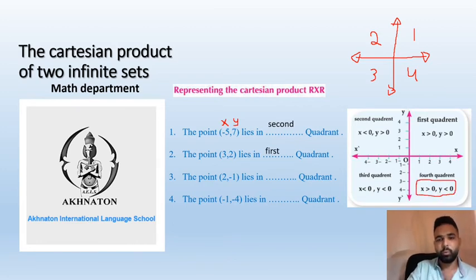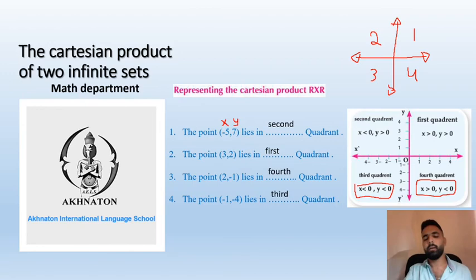Yes, it's in the fourth quadrant. Question number 4: (-1, -4). Here x is negative and y is negative. Yes, it's in the third quadrant.